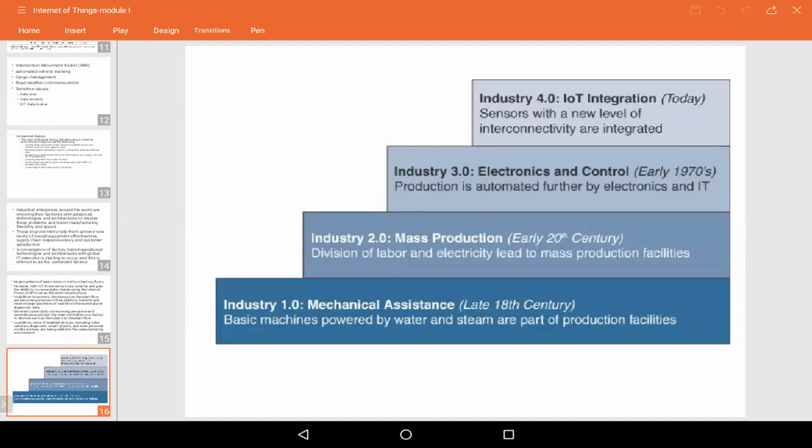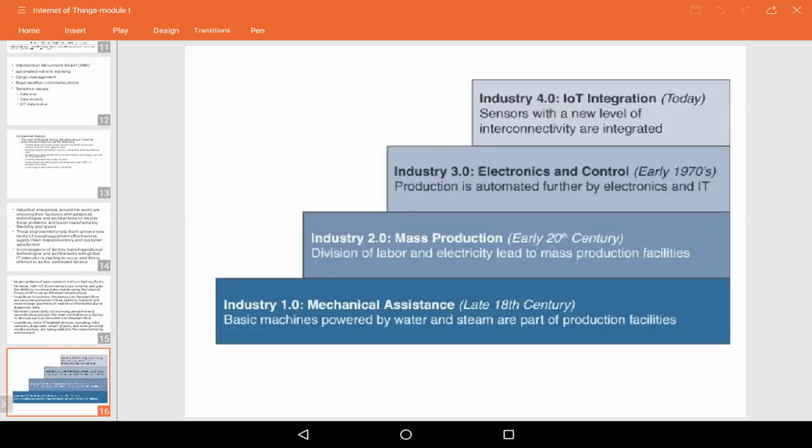Okay, then came the 2.0 version of the industries, where division of labor and electricity played a major role. Okay, without electricity, they were not able to do any work. So we are talking about the early 20th century. Okay, and then comes the third, where electronics and IT, information technology, played a major role in production.